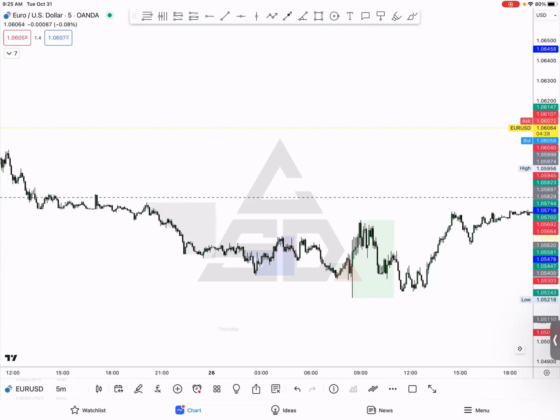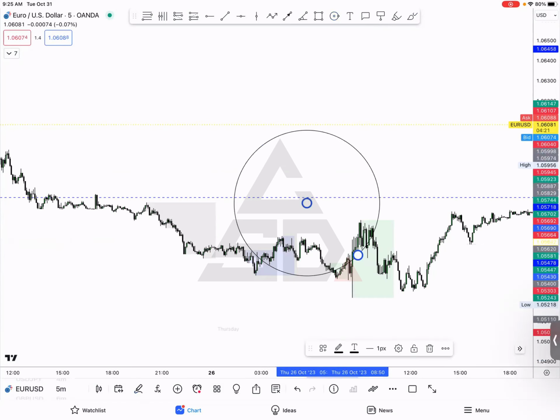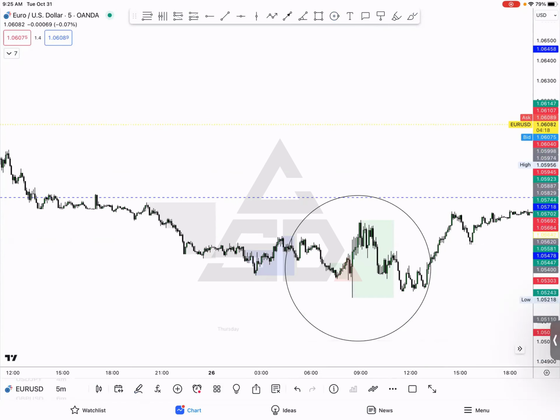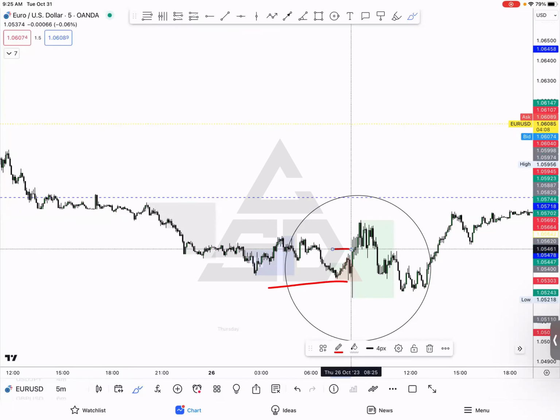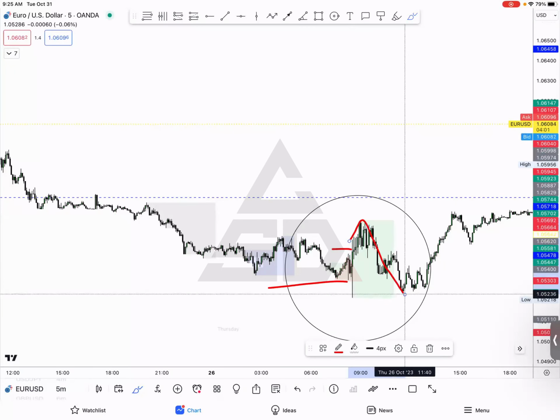Let's find more examples. Does anybody see the breaker here in New York? Go ahead and hit the screen. Let's get into it. Boom. Price neutralized stops, as you can see right there. Market structure shift, right there. Retrace. And as you can see, the breaker didn't really hold up as much.